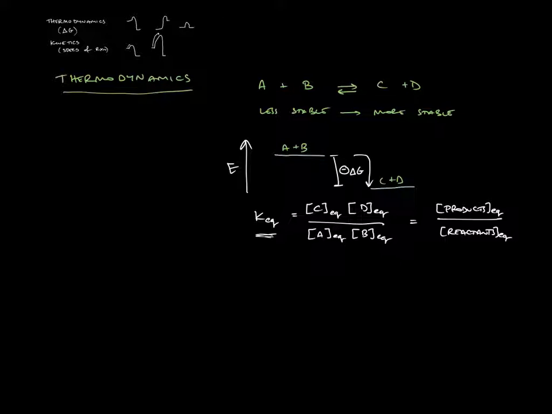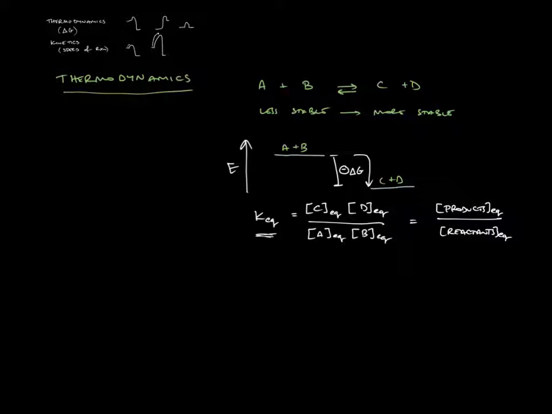In the course of this reaction, the one that I have modeled right here, C and D, which are the products, are more stable at equilibrium than A plus B. Well, they're more stable overall, but at equilibrium, or when we let this reaction go for a while, you'll find that you'll have a lot more C plus D because it's more stable, and a lot less A plus B.